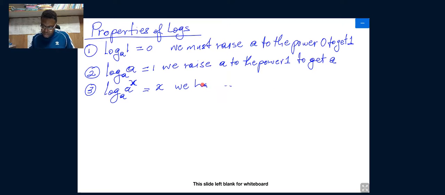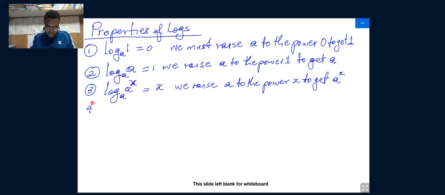To speak a proper language of the exponents, we raise a to the power x, to the power x, to get a to the power x.